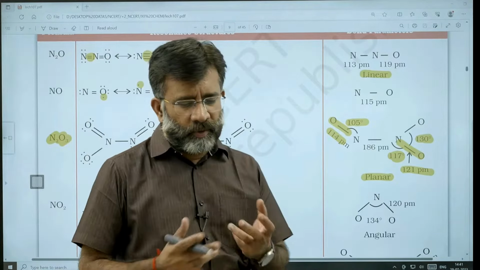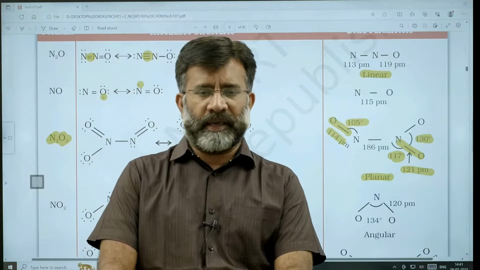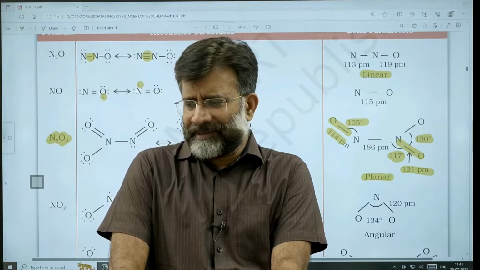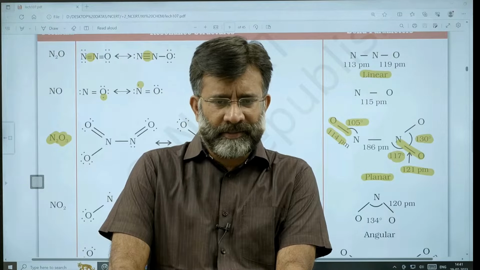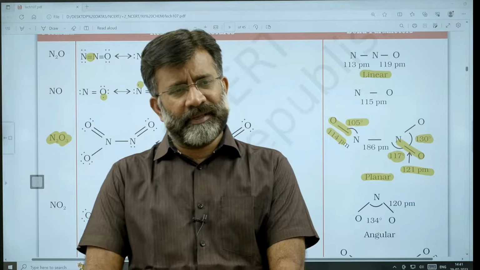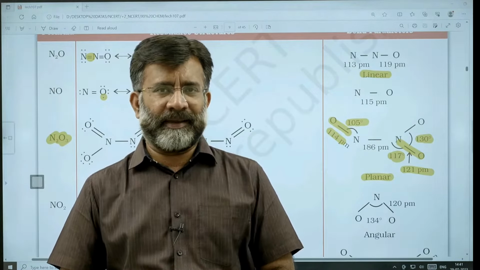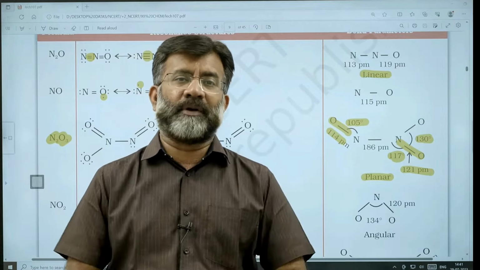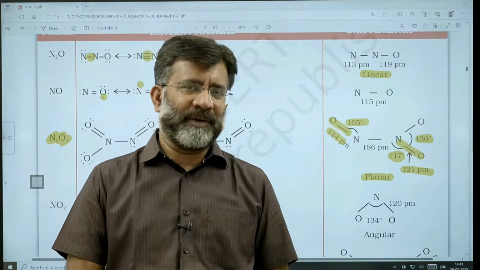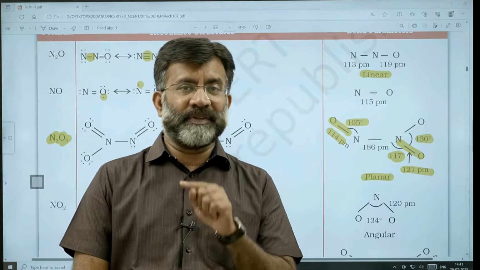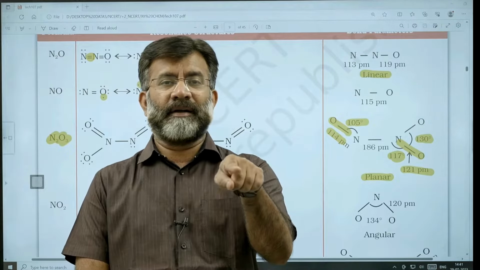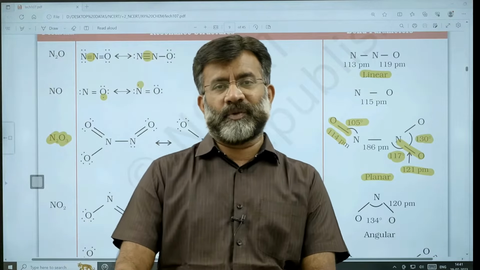Sir, should we go through these molecular dimensions meticulously? Not like learning the dimensions by heart, but why can't there be a relative question like this? See, this molecule contains two different NO bonds. That can be a question, no? And which is the shorter one, which is the longer one, that can come as an indirect application level question.